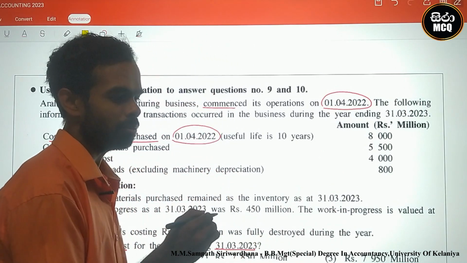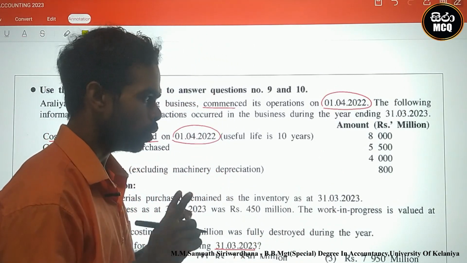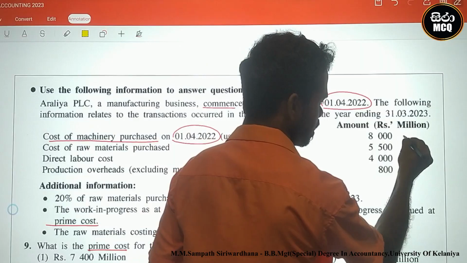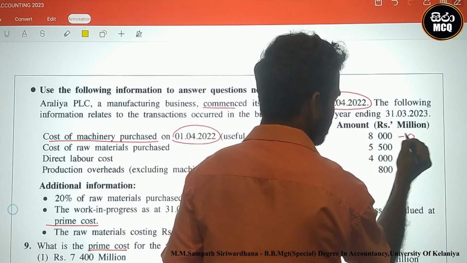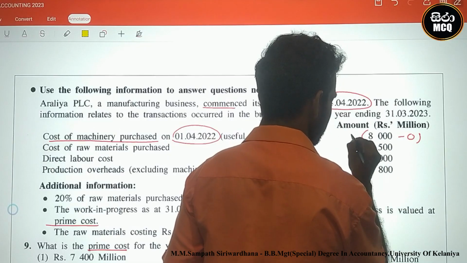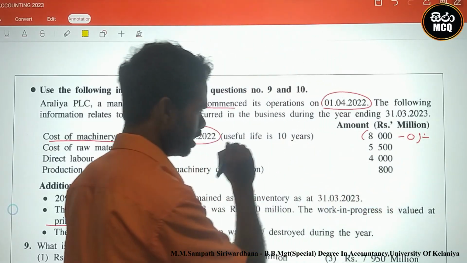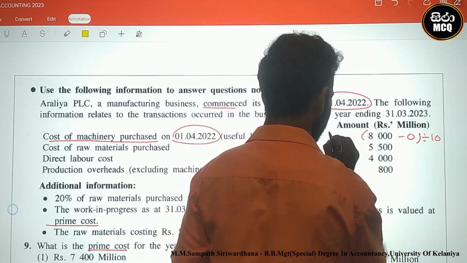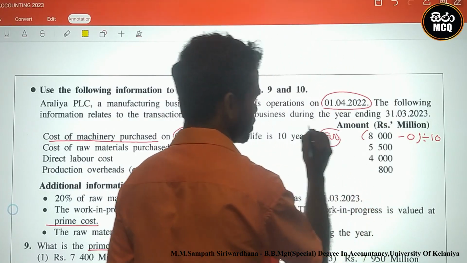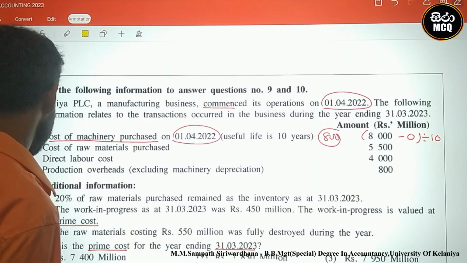You know how we can calculate depreciation? Cost minus residual value 0, therefore 8,000 divided by 10 years. What's the depreciation? 800 is the machinery depreciation.